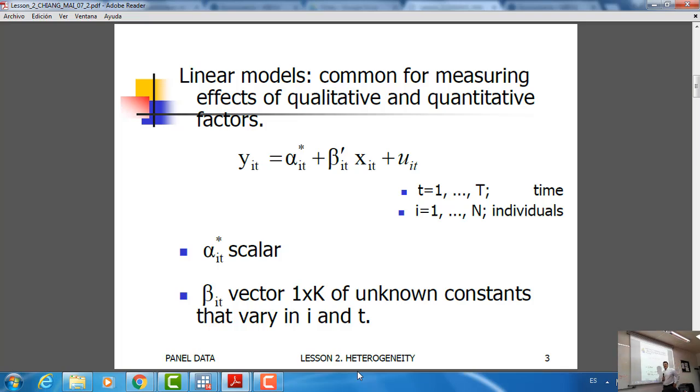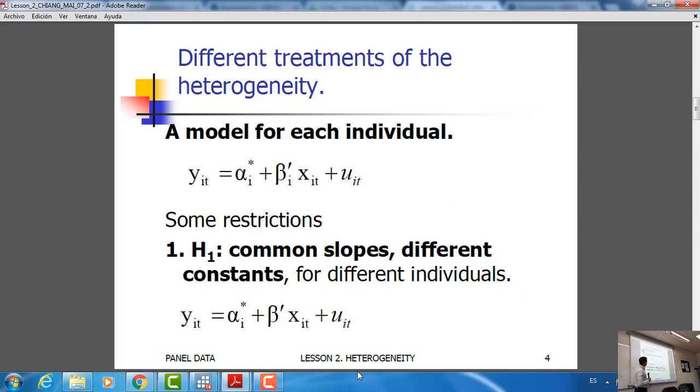So let's see the next one. Here you have yet another model, and I would like you to tell me if this is too much heterogeneity or too little. So let's check the model: alpha_i, beta'_i x_it, u_it. How many alphas do we have?